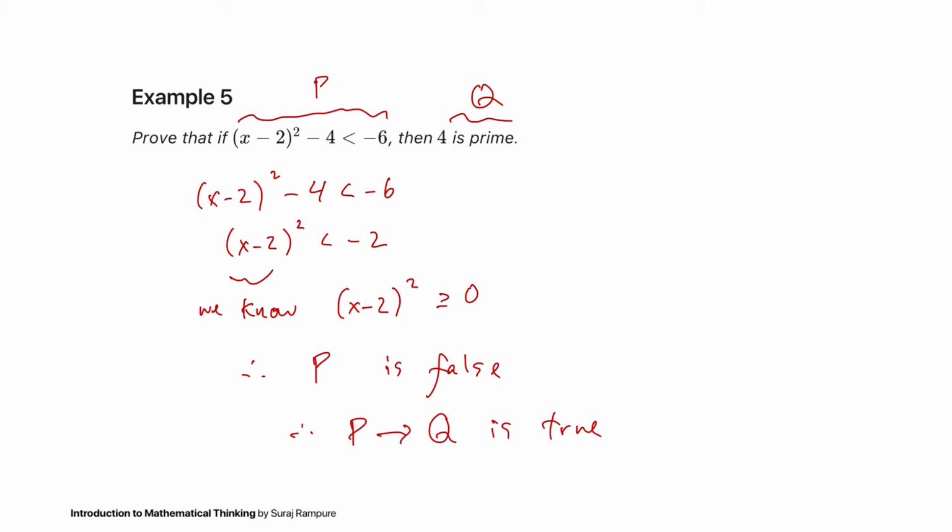Normally when we do implications, 99% of the time, we'll be trying to show, given some set of true information, that this other set of true information holds. I.e., we're going to do true implies true most of the time. But this is an example showing that even though P is false, this implication itself holds true. Any questions with that? So this is not a proof that 4 is prime. I hope that's clear.